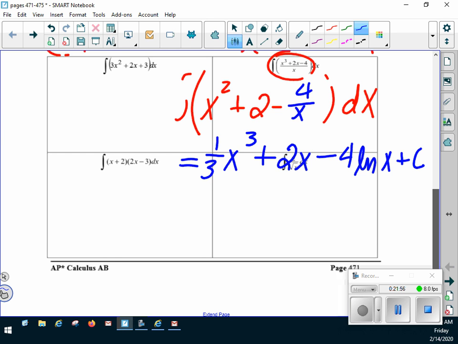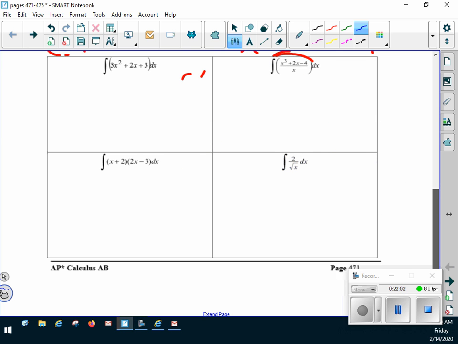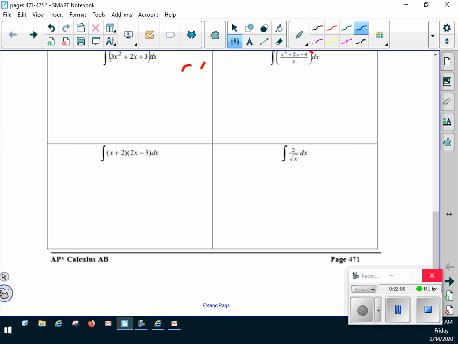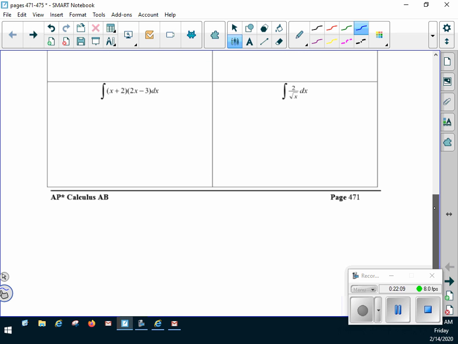I love doing integrals. Lower left corner. What do you think about that one in the lower left corner? How could we take the antiderivative of that? You multiply them together first? You betcha. Let's multiply them together first. We're just going to do a rewrite.